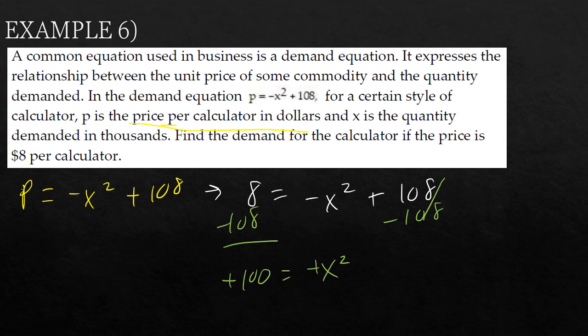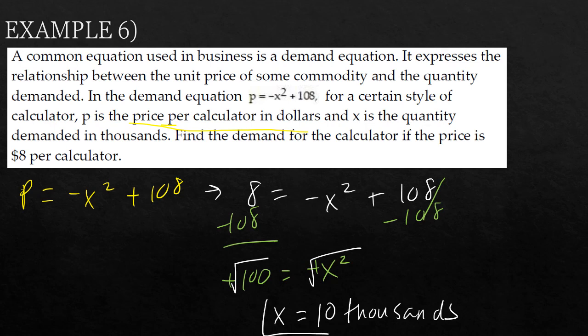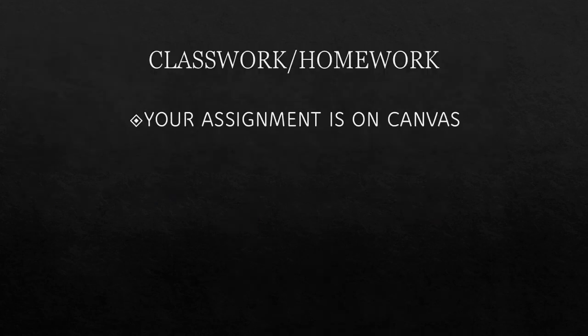Change signs because we divide or multiply by a negative. And now we can take the square root. So x equals 10. And again, real world: what's the demand for the calculators? It's not just 10, it's actually 10 thousand. Labels are important. All right, so that concludes our word problem examples.